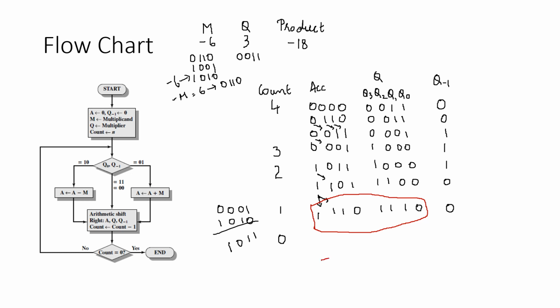Now take the 2's complement of this in order to get the exact binary number. So now this will be, let's take the 1's complement first, 0, 0, 0, 1, 0, 0, 0, 1, so add 1 to it in order to get the 2's complement. This will be 0, 1, 0, 0, 1.